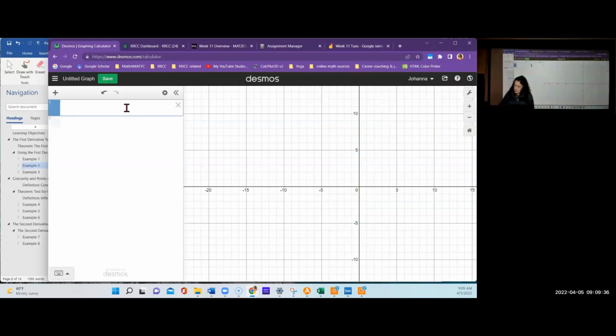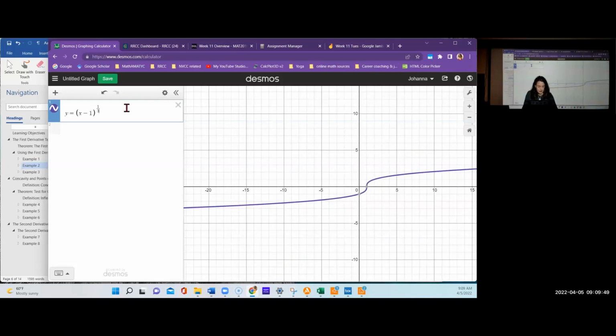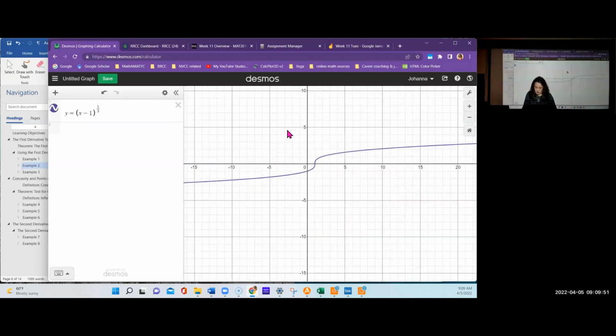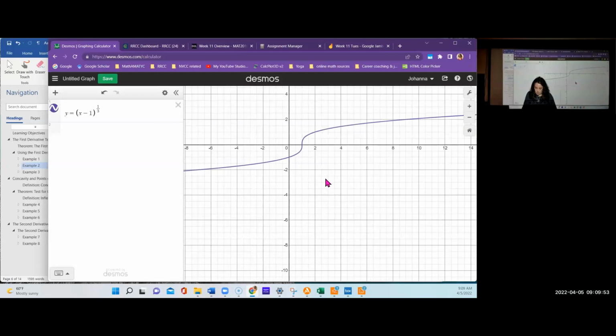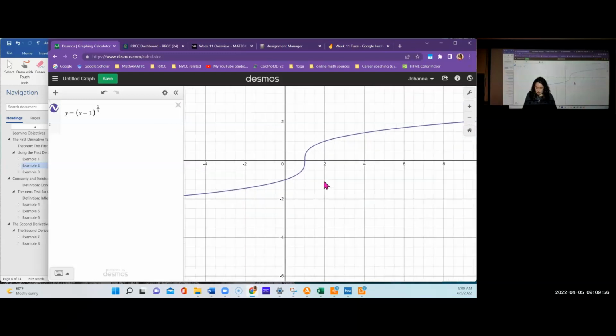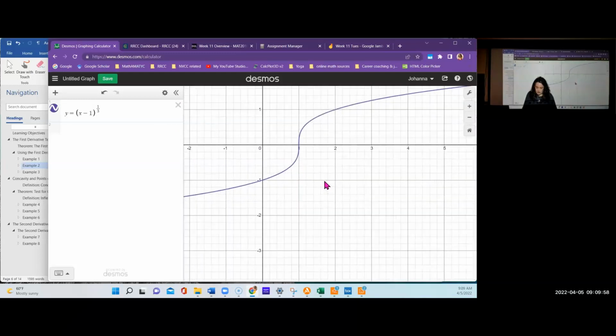So we're looking at the graph of y equals (x minus 1) to the 1/3. There we go. So at 1, which is our critical value, what do you have there that's causing the first derivative not to exist? What's happening right here?